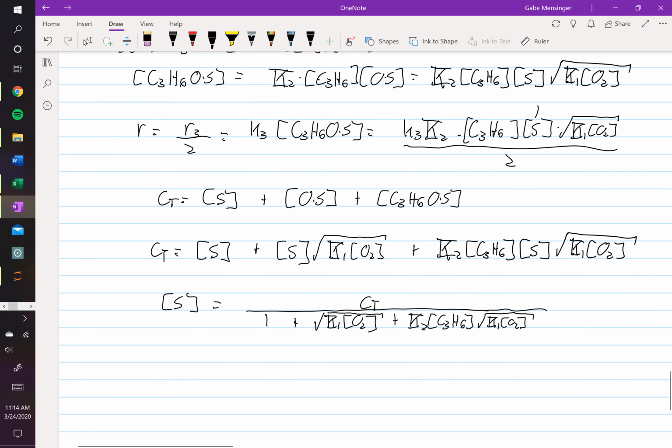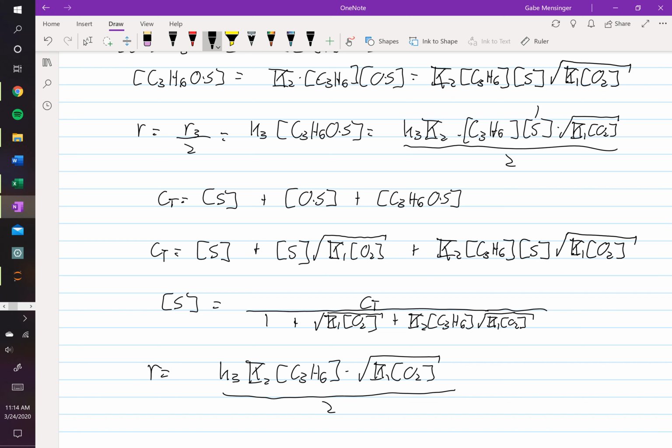Now plugging that back into the overall rate, so we have R is equal to K3 times capital K2 times the concentration of propylene times the square root of K1 O2 over 2 times this guy here. I don't feel like rewriting.